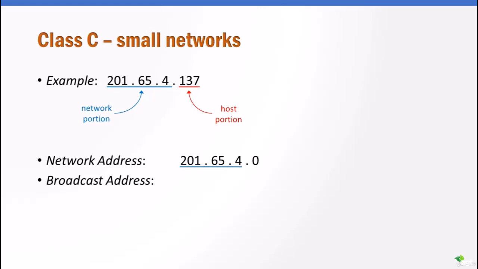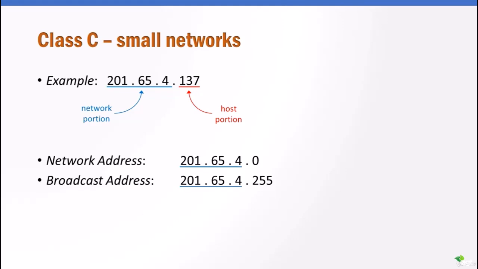We're going to copy the network portion, and in the host portion, we're going to put all ones. Again, we're going to have 255 for each octet that represents the host portion, and since we only have one, it's going to be 255 at the end, and that's our broadcast address.